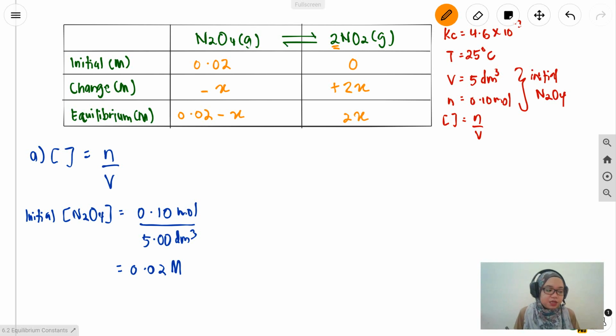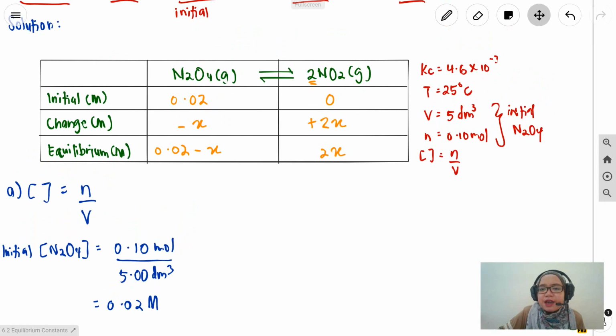So what you need to do is find x. You need to find the concentration of the N2O4 and NO2 gas at equilibrium. So the first thing you need to do is find the x. How do you find the x? Remember that just now you have the given value of Kc.